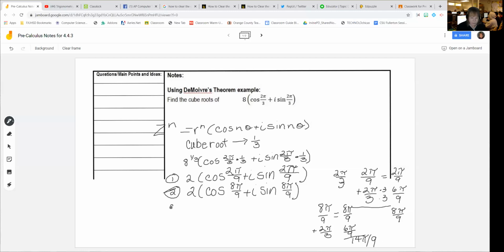So my third root is 2 cosine 14 pi over 9 plus i sine 14 pi over 9. Okay, so that explains how DeMoivre's theorem figures into this.